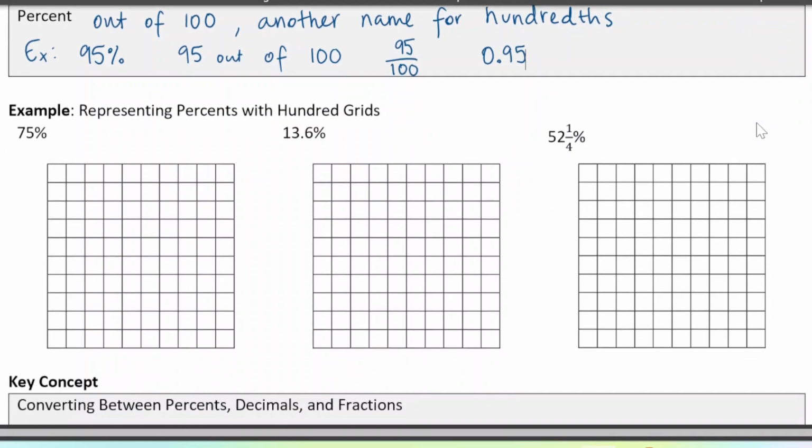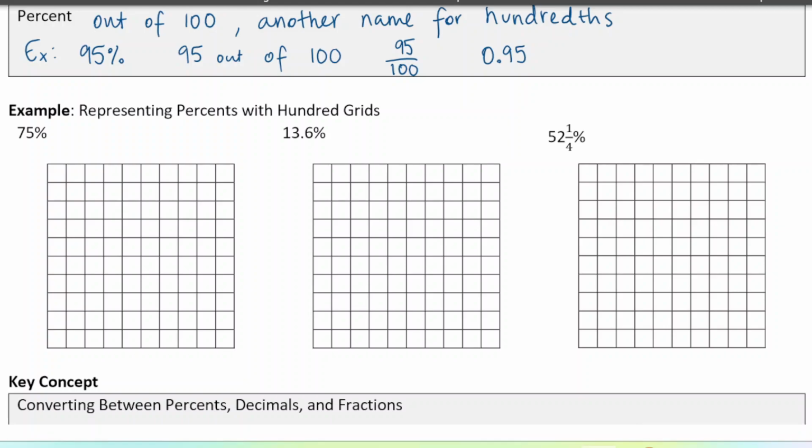So since they're out of 100, we're going to be using these 100 grids. So there's 100 squares in each of these grids. So let's start off with something more simple. So 75%, we would want to color in 75% of this grid, or 75 of these 100 squares.